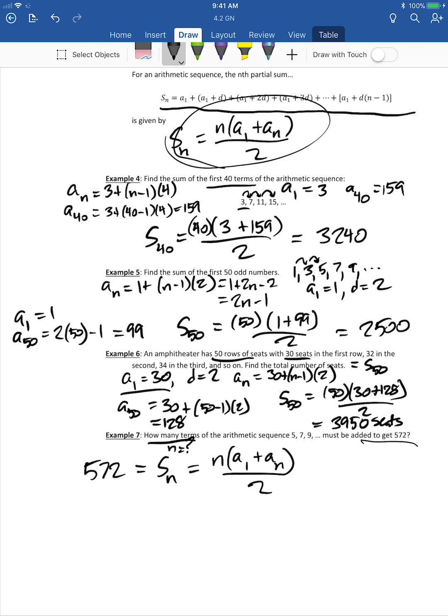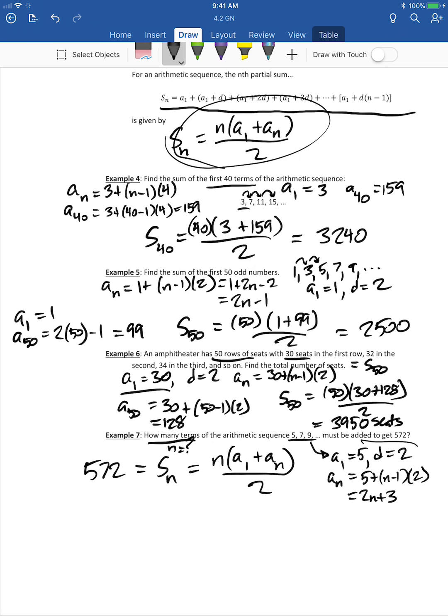Well, they gave me the beginning of the sequence. So a1 is 5, and my common difference is 2. I'm adding 2 each time. So that means an equals 5 plus n minus 1 times 2. If I simplify that, that's 2n plus 3.